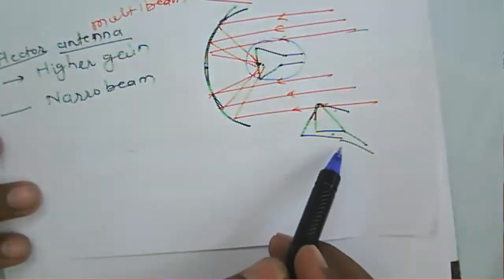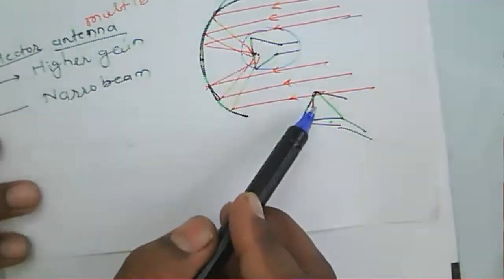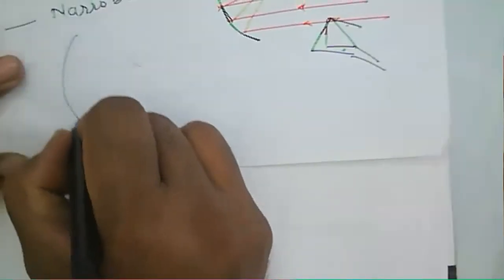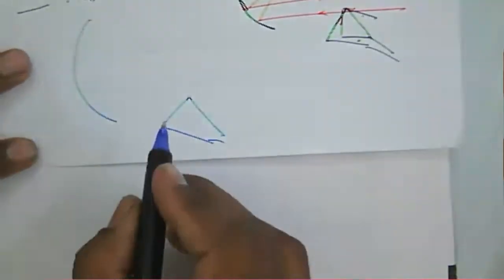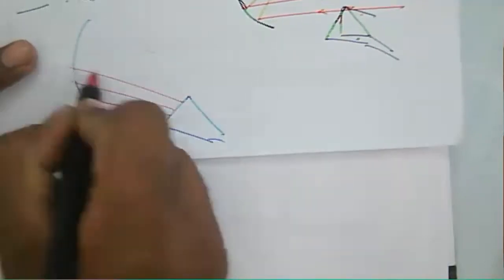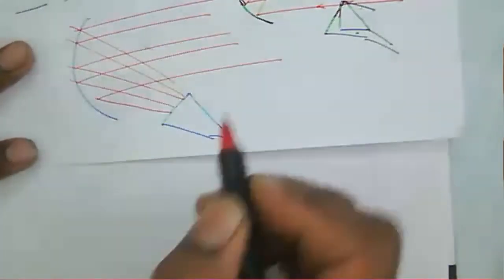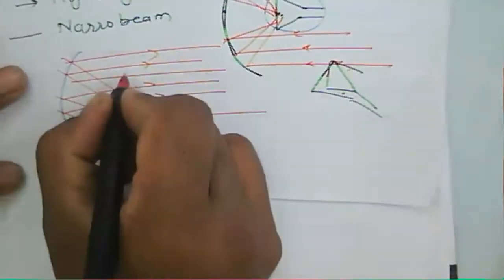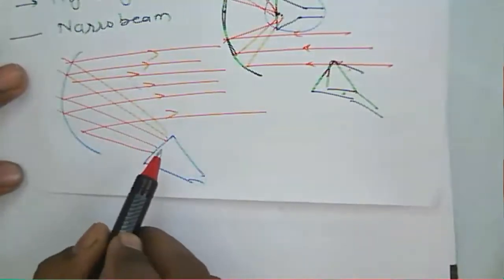But in the case of an offset feed antenna, the horn is offset, not on the same axis. It is placed here and transmits the signal to the reflector, and then it propagates likewise. This is the line of transmission, and the horn antenna is not coming in it.